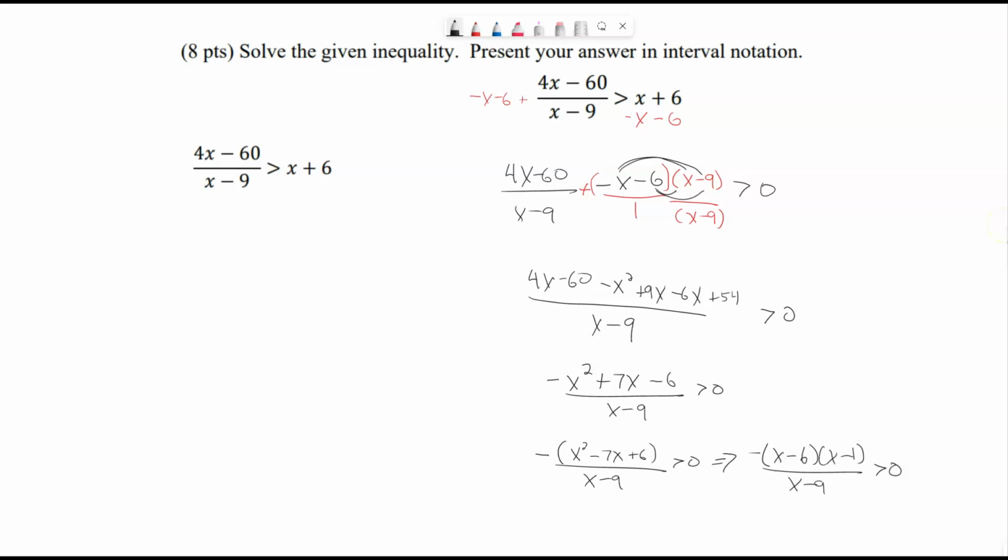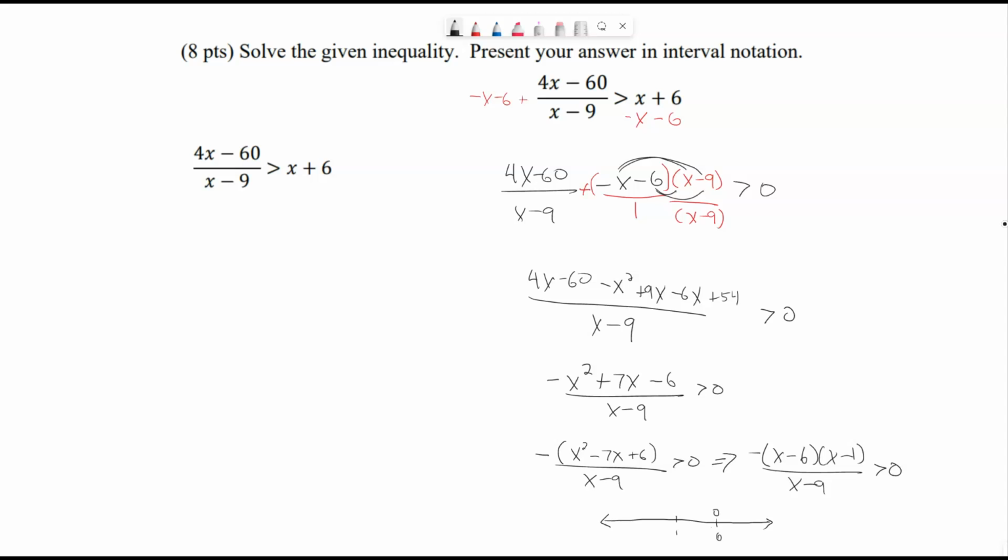What this allows us to then do is to check on a number line. First, putting the value 6 down. That would be a hollow dot because we can't equal 0. Anything in the numerator would make it equal 0 if we use the value that makes that factor 0, like 6. 1 is also essentially an x-intercept.